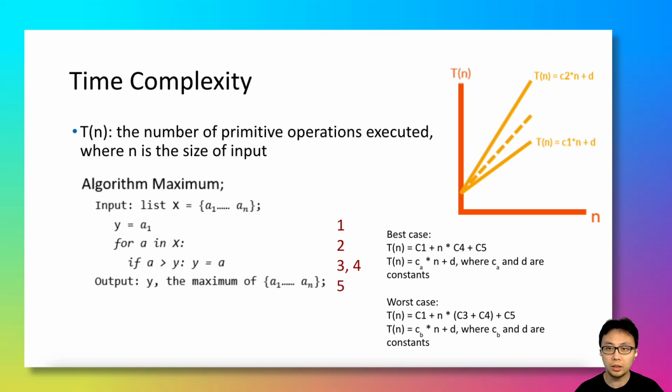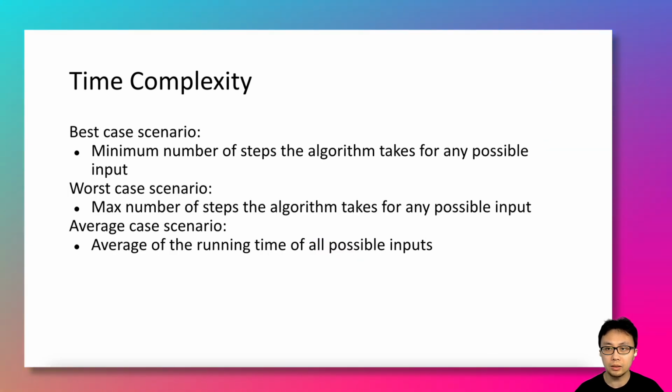Well, to summarize from this example, the best case is when you have some input that leads the algorithm to take the minimum number of steps to run. Okay? The worst case is when you have some input that leads the algorithm to take the maximum number of steps to run.